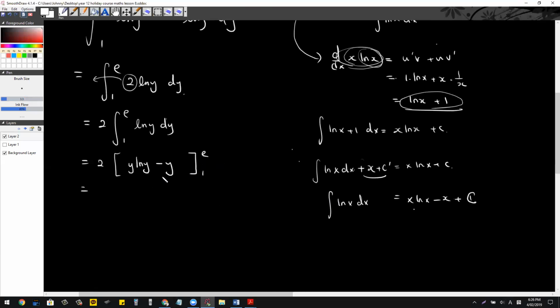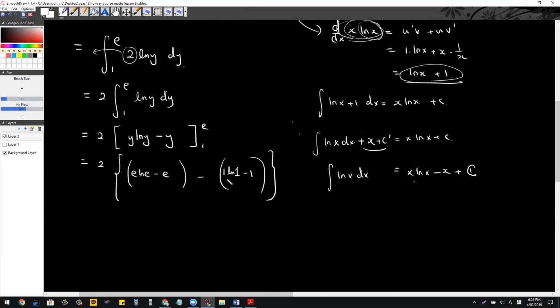And we plug in e and 1. We usually change the square bracket into curly brackets like this if there is a number in front of it. Plug in e, so that's e ln e minus e, and this is 1 ln 1 minus 1.